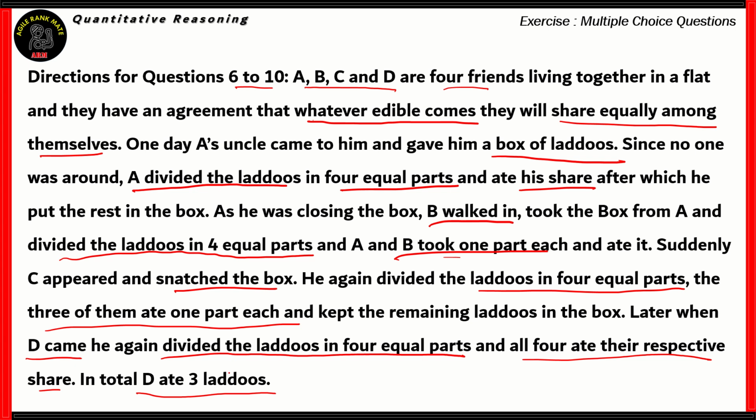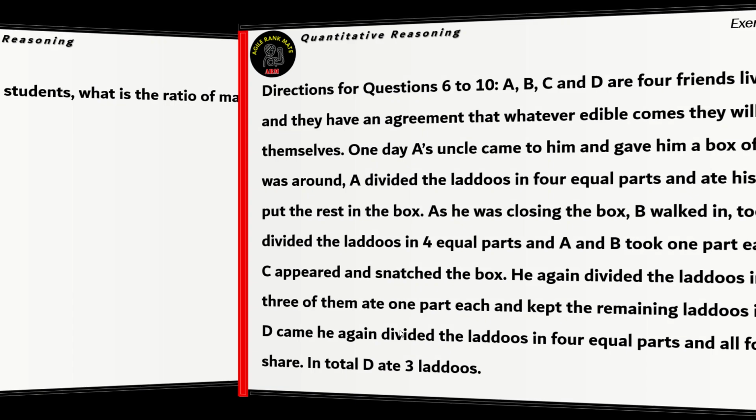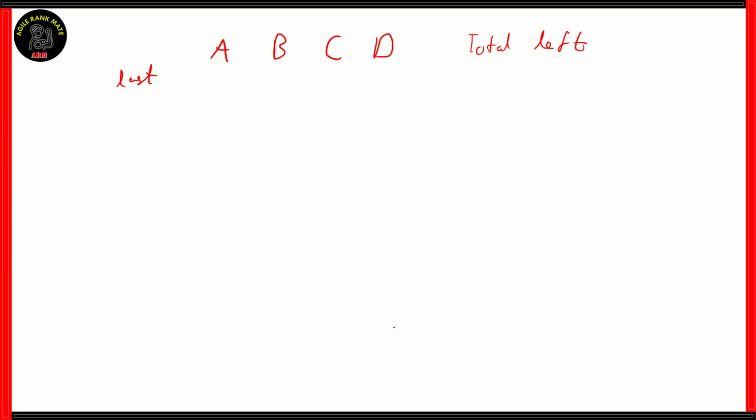Since he ate 3 laddus, and when D came, he divided it into 4 equal parts, we know that A, B, and C also ate 3 laddus along with D. So the total left would be 0, because by the time D came, all the laddus were finished.